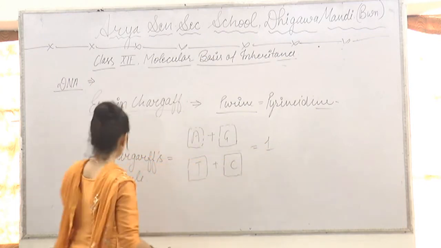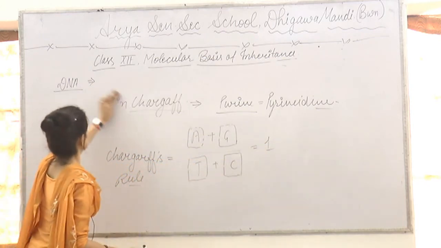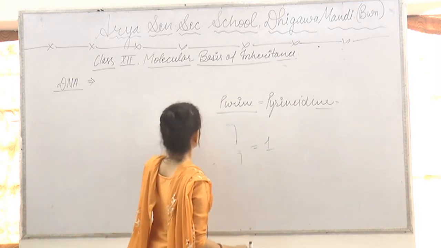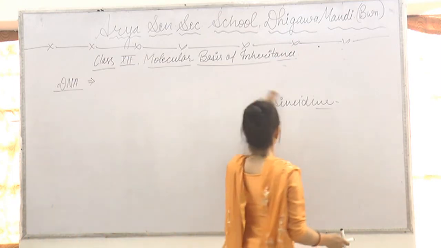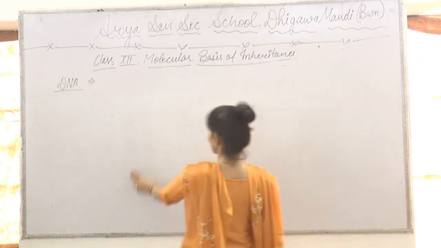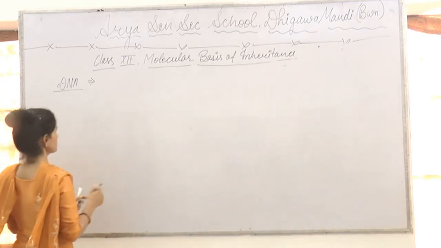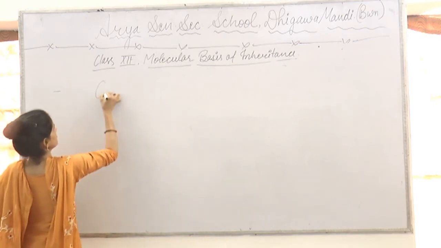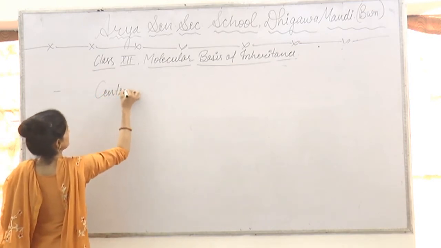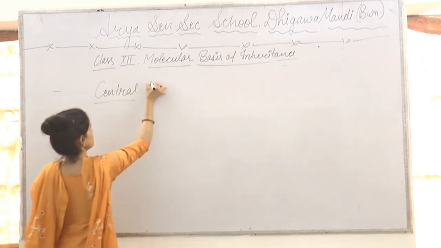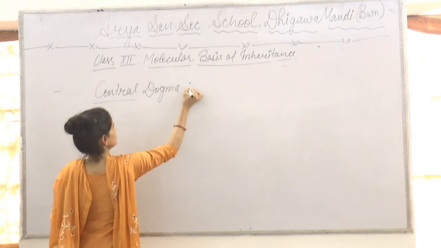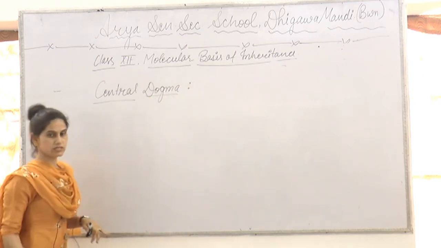Okay. Now we come to the next topic, and that is known as central dogma. What is this process?